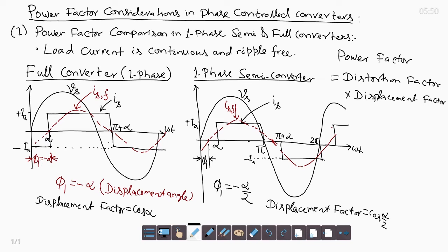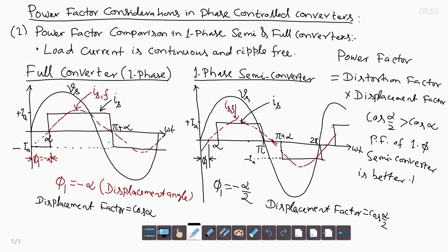So cosine of alpha by 2 is more than cosine of alpha. For the same value of alpha, cos alpha by 2 is more than cos alpha. So the power factor of the single phase semi converter is better than that of the single phase full converter.